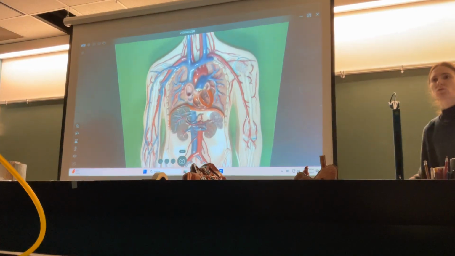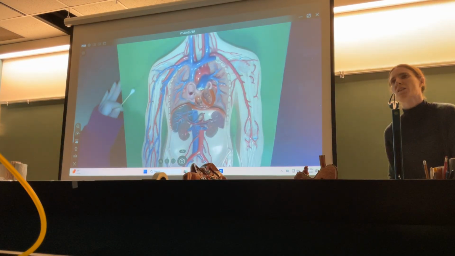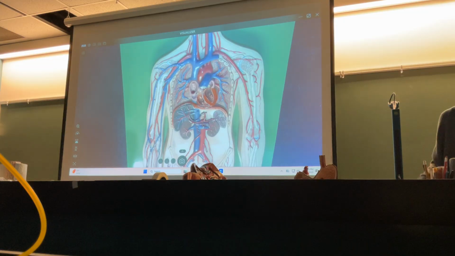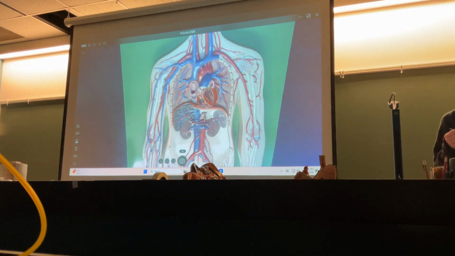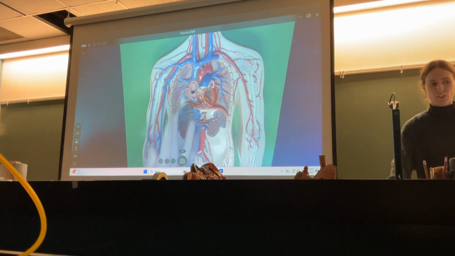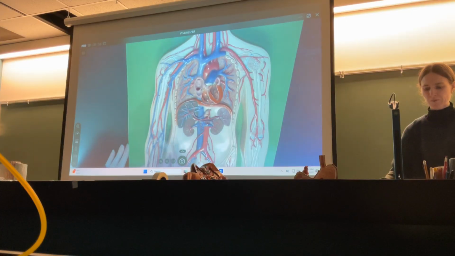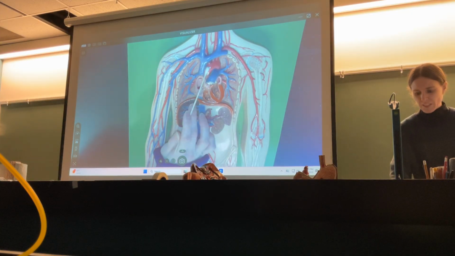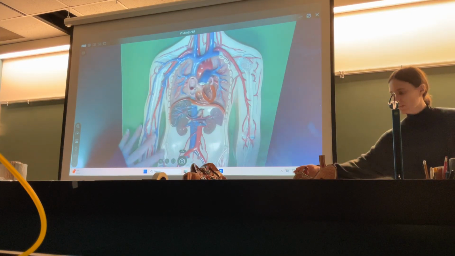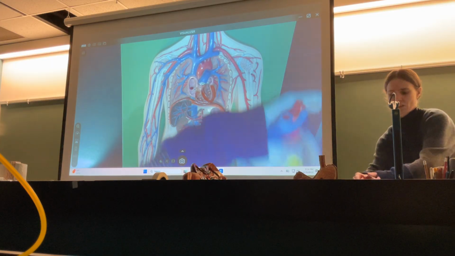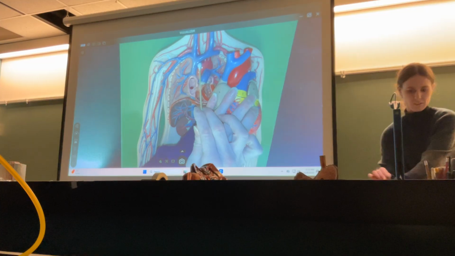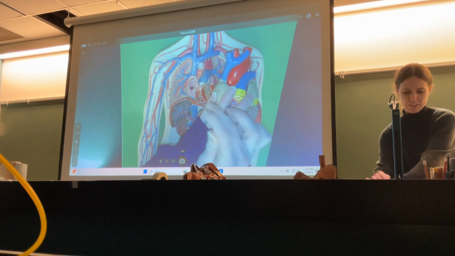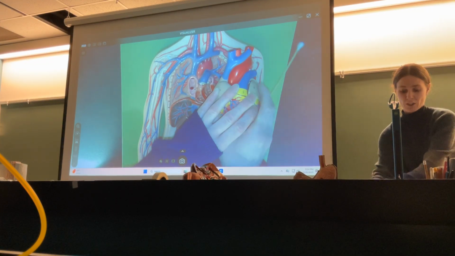So as you guys are looking at these, just remember there's really not an exact spot where it stops and where it begins. So look for anatomical regions that you know when you're trying to figure something out, particularly with the upper extremity. This vessel is the brachiocephalic trunk.